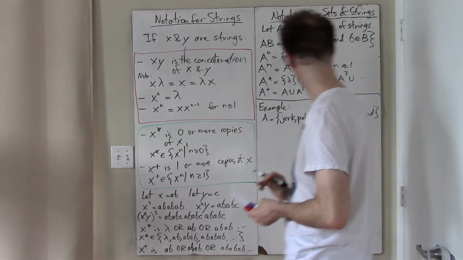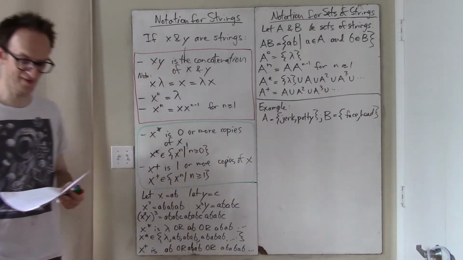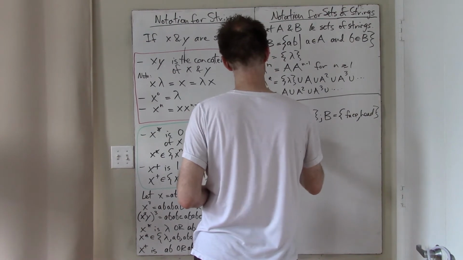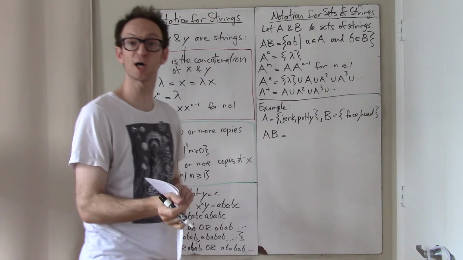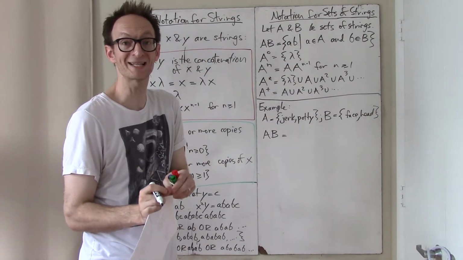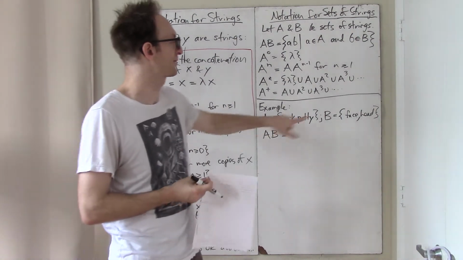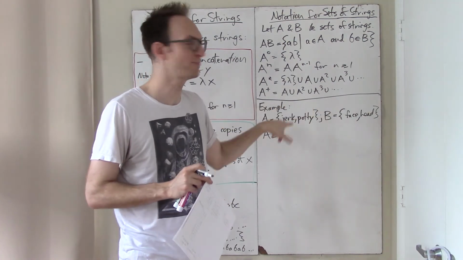If A is jerk, potty and B is face, head, then what is AB? Well, AB is going to be the set of all strings which are concatenations of something from A and something from B. In other words, jerk face, jerk head, potty face, potty head.